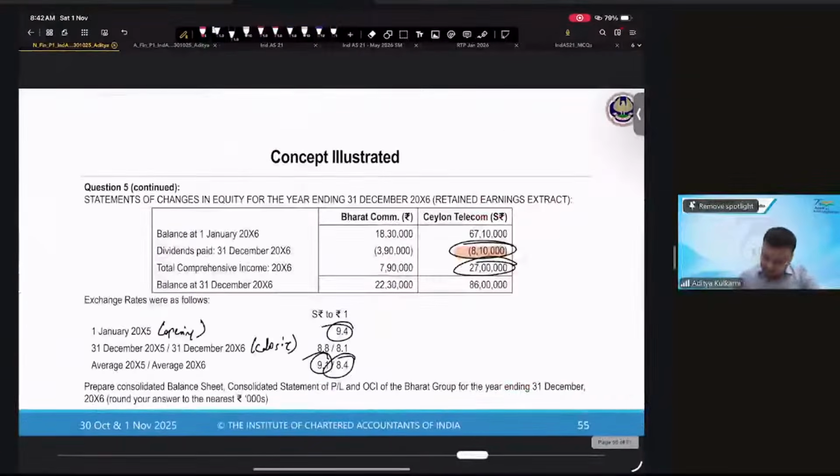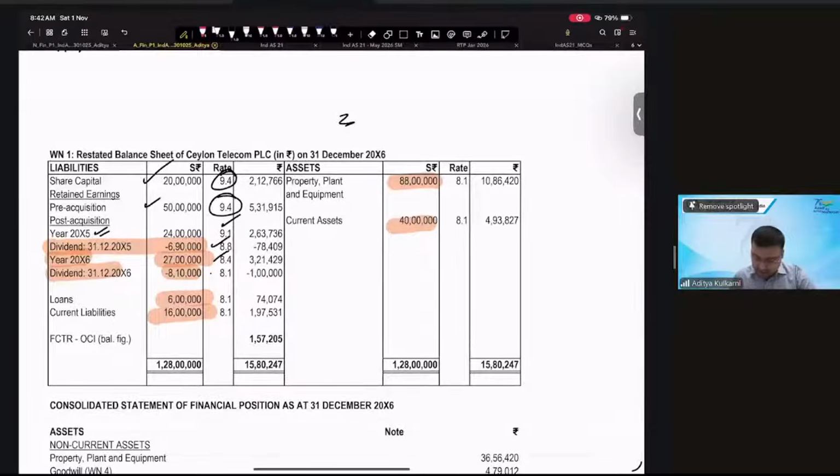So 8 lakh 10 divided by 8.1, 1 lakh rupees negative. Is it okay? That means these are all payouts.